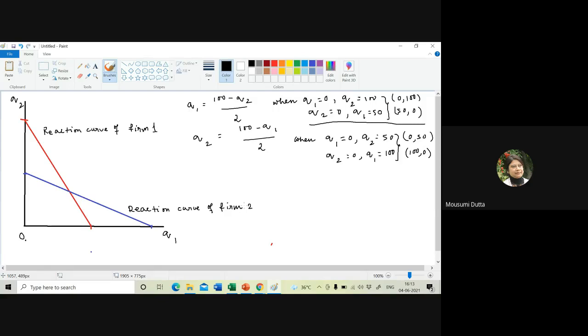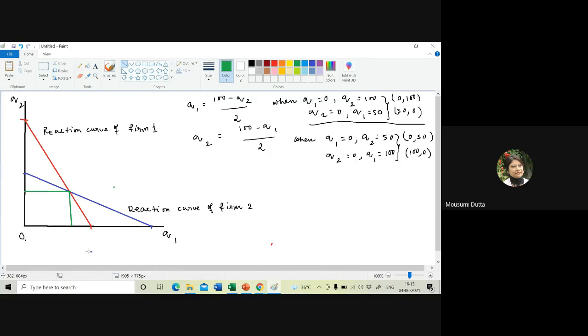And where the equilibrium will take place, any idea? 33.33, at the intersection of both. Mathematically, we are solving for that point when the 2 lines intersect each other. The equilibrium will be given by their point of intersection. So though we are maximizing the profit, actually we are solving the 2 reaction curves.